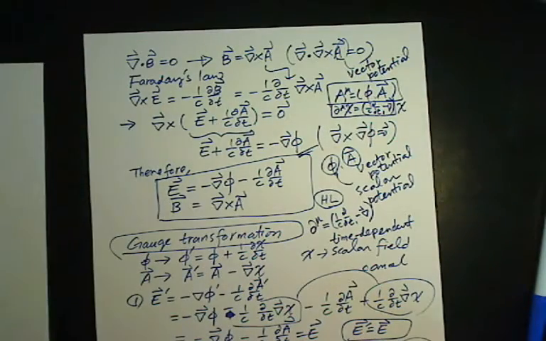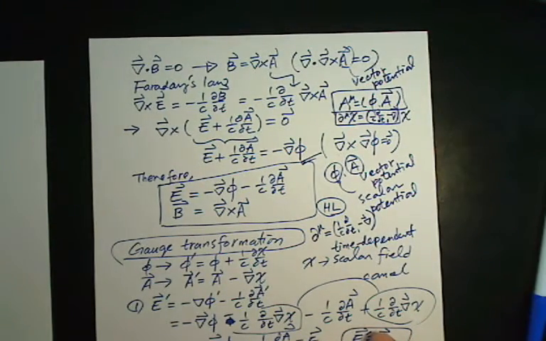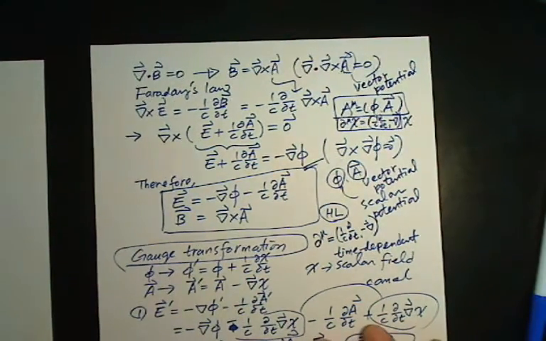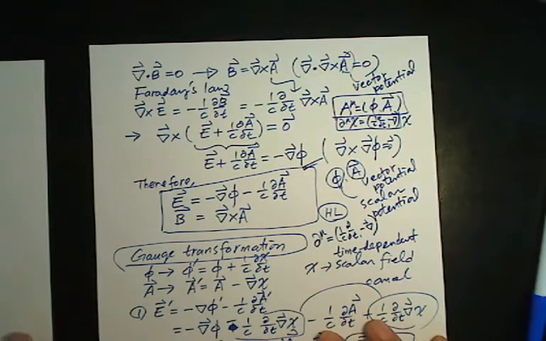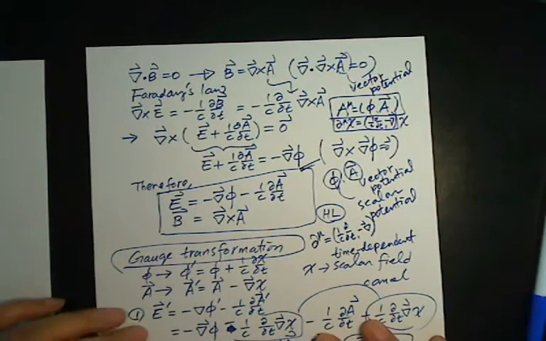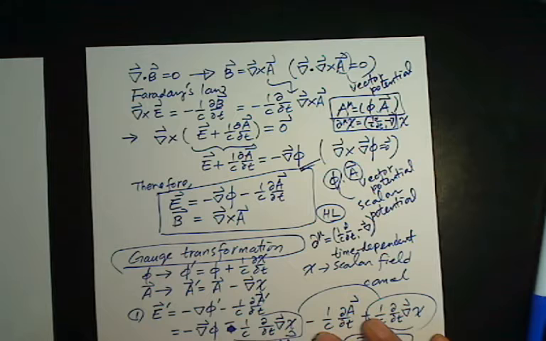Next, we consider how we can express the magnetic field and electric field in terms of potentials. Those potentials are the scalar potential and the vector potential.